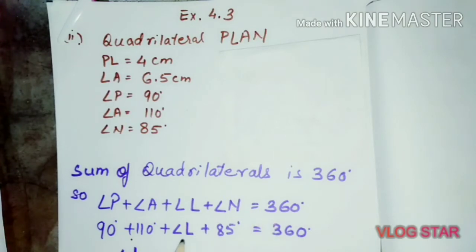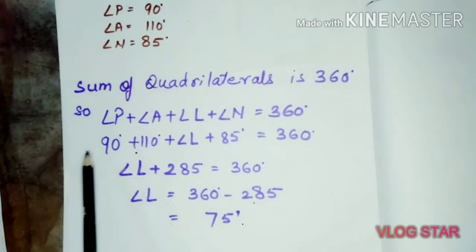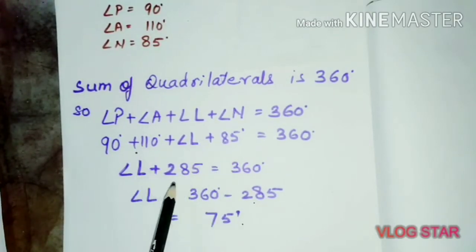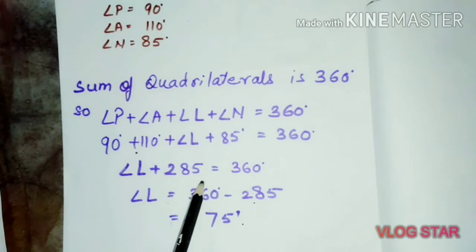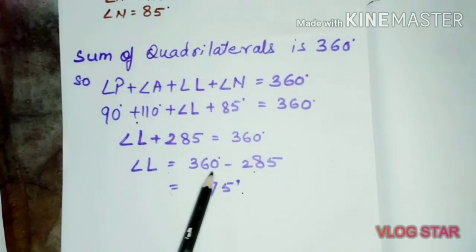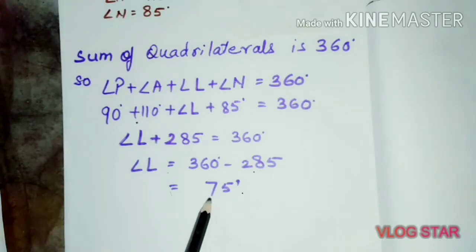So angle L we have to calculate when the sum of all the angles is 360 degree. The sum of 90, 110 and 85 is 285. So angle L is 360 minus 285, that is 75 degree. So angle L we got 75 degree.